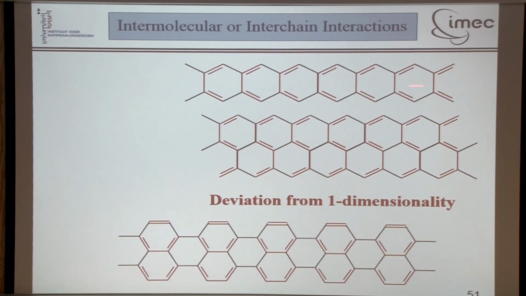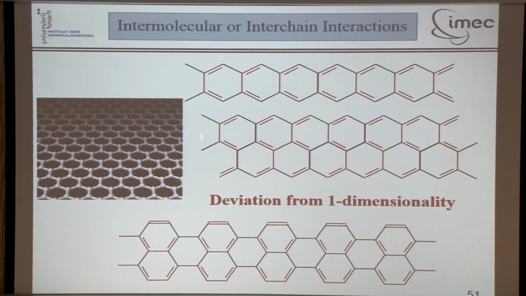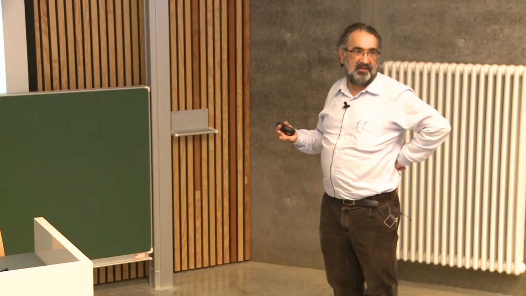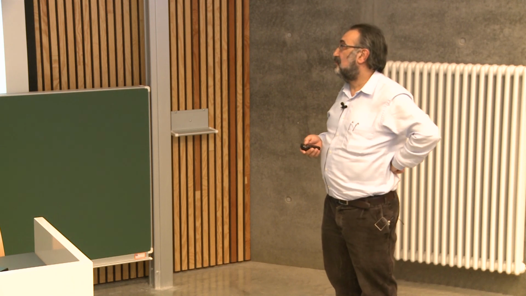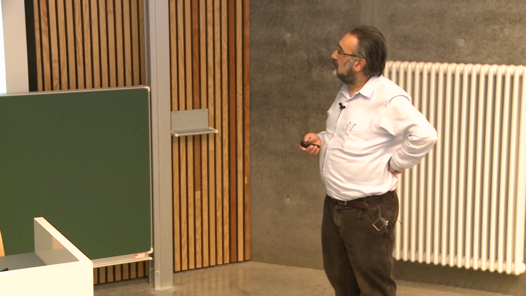For example, these polyacenes, this is a perylene structure. It's predicted that the band gap in these structures would be 0. Actually, at this moment, graphene is also an example of that. Graphene has a band gap that's 0 because of this deviation from one-dimensionality.